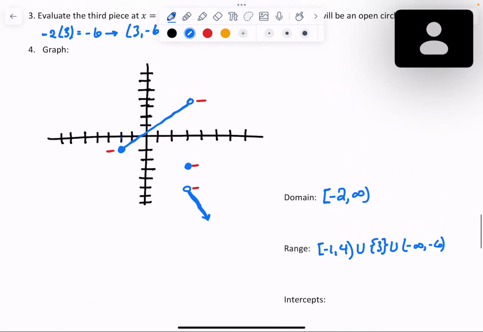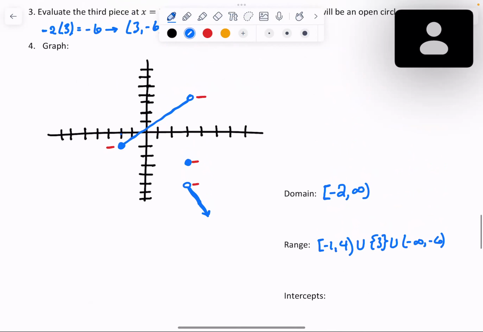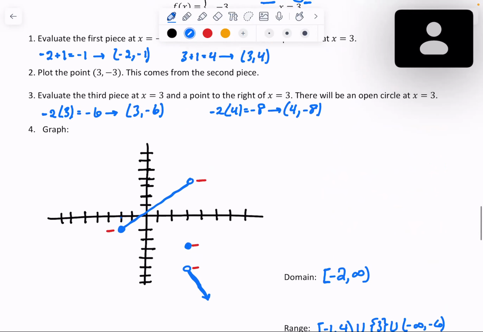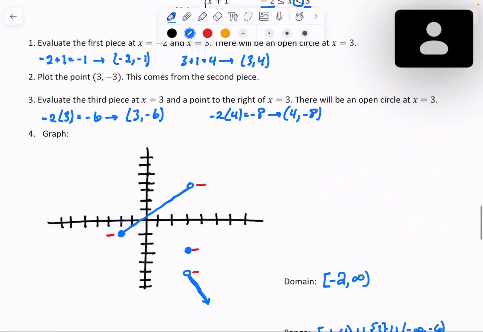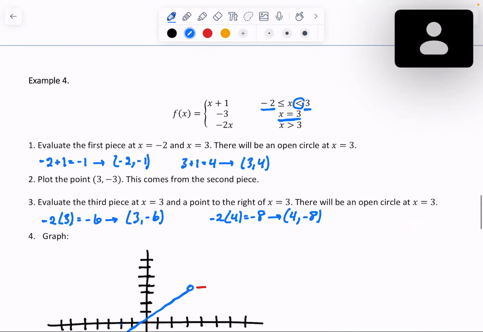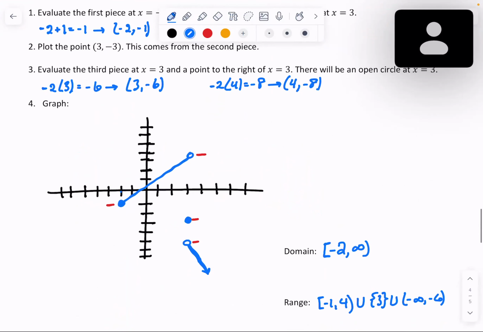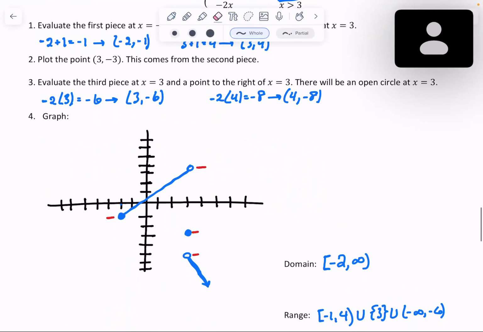Now, what we want to do is find the two intercepts. In this case, my graph wasn't drawn very well. So let's see, where will these two intercepts happen? They're going to happen on this first piece right here, because this is the only place where it'll cross the x- and y-axis.